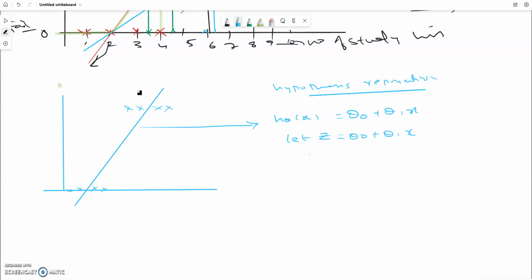Now I simply say that h theta of x, I'm just converting it to a sigmoid function, which is g of z. So h theta of x is equal to 1 by 1 plus e to the power of minus z.